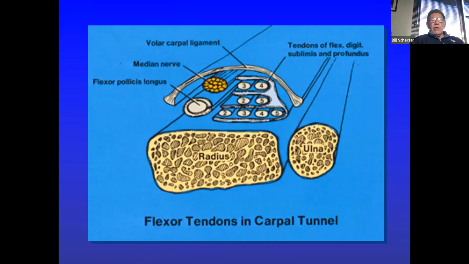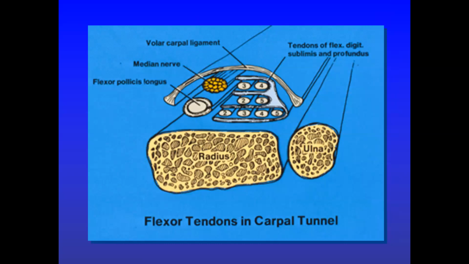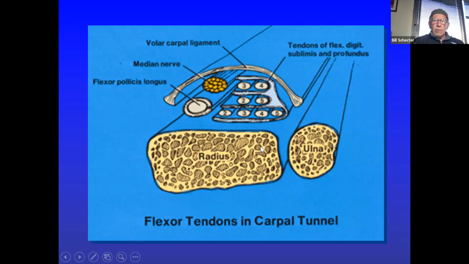Okay, so here's another way just to re-emphasize this point. Here we are proximal to the carpal tunnel in the volar forearm. Here's your median nerve. Radial to the median nerve is one tendon, the flexor pollicis longus. Actually, there's another tendon up here, which they're not showing, which is the flexor carpi radialis.